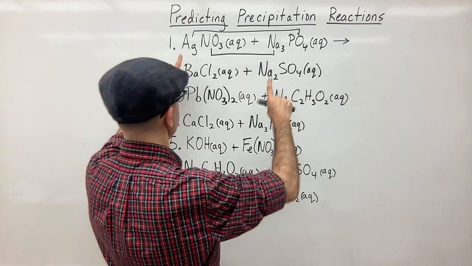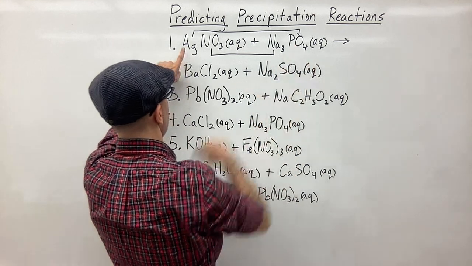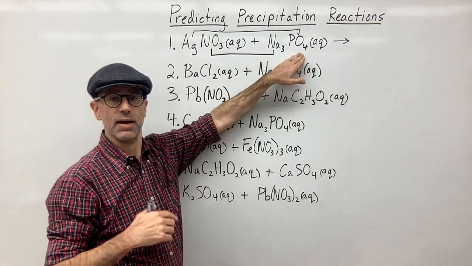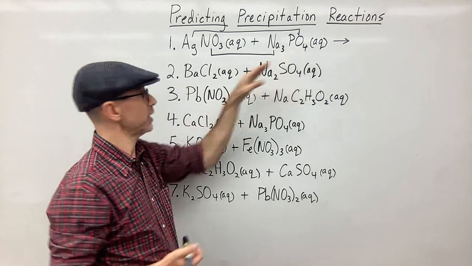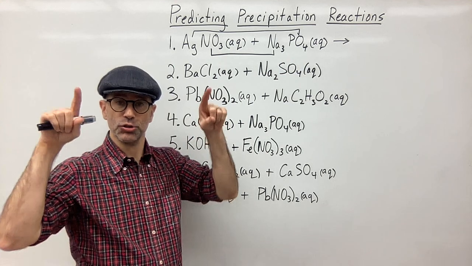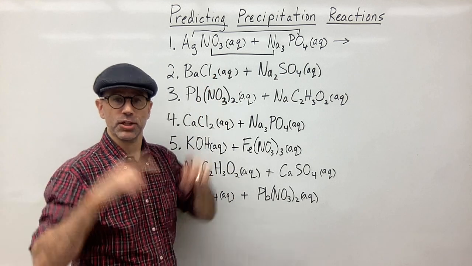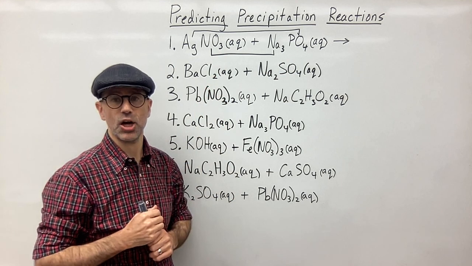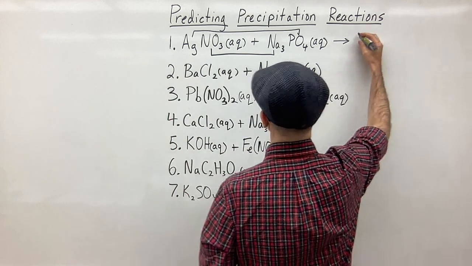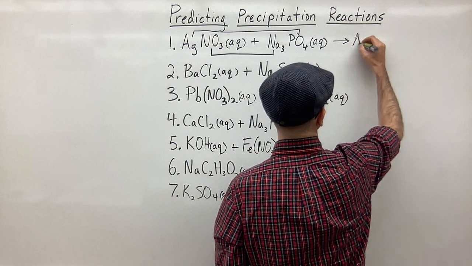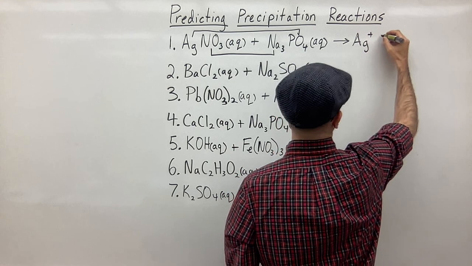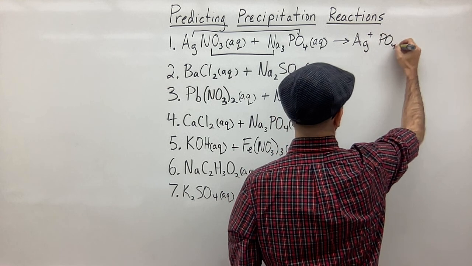So if I take the outside ions, silver is a +1 charge, the phosphate is a -3 charge, so I'm going to need 3 silvers to balance the charge. Or you could also do the crisscross method with the charges as subscripts. So here I have Ag+, and I have PO4 3-.